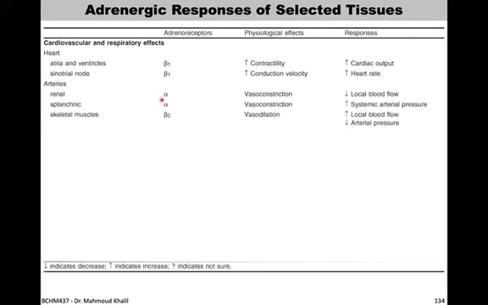While the alpha receptor in the renal arteries and the splanchnic arteries leads to vasoconstriction, which is opposed if the hormone binds to the beta receptor in the skeletal muscles, leading to vasodilation. So basically, these are two opposite processes.